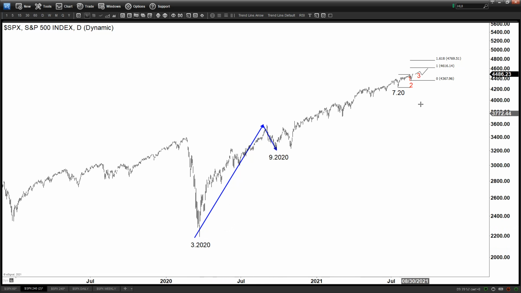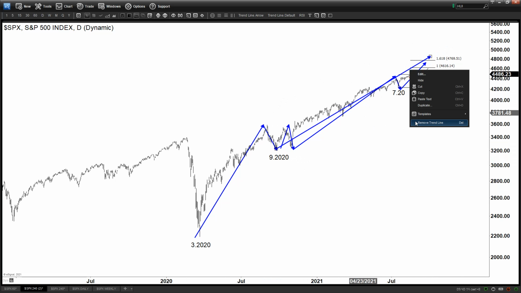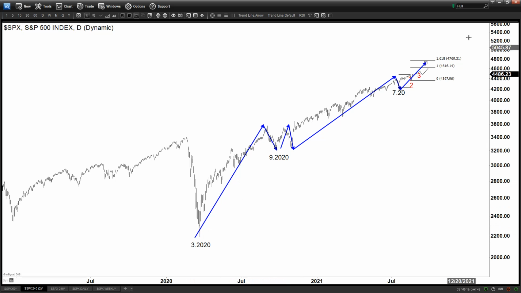This is possibly at the final stage in which, for example, you can label this 1, 2, you can label this 3, 4, and then this is the last stage, which should subdivide into 5 waves before you end this cycle right here as a 5 waves. And then you can get a bigger pullback from there. This is 1, 2, and then this is the third swing, or the third wave, still in progress.